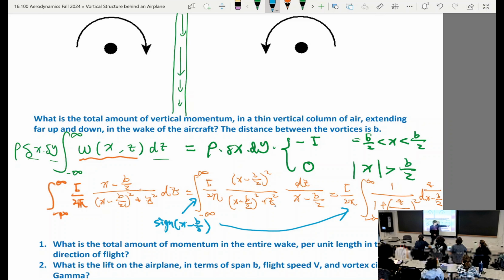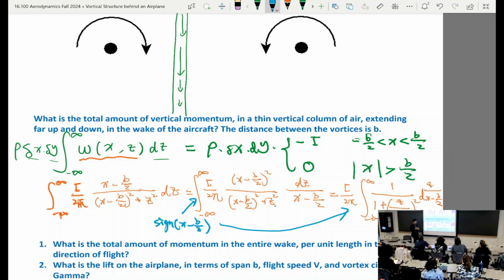Anybody remember what is the derivative of tangent? 1 over cosine squared. It exactly cancels with the cosine squared over here. So you get d theta. And how does theta vary if tangent of theta goes from minus infinity to infinity?